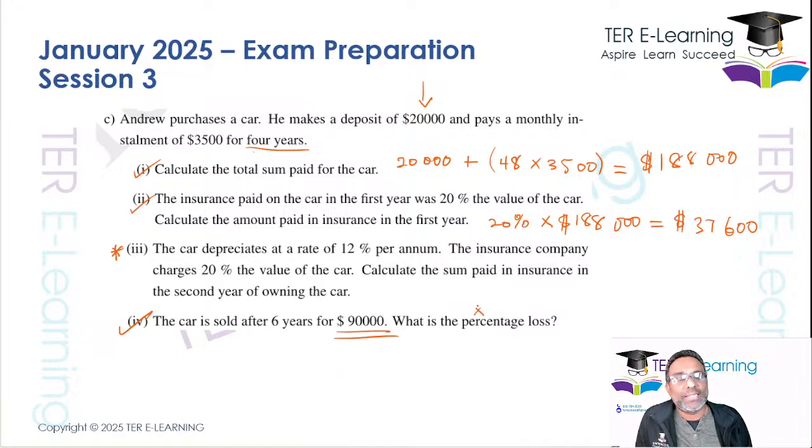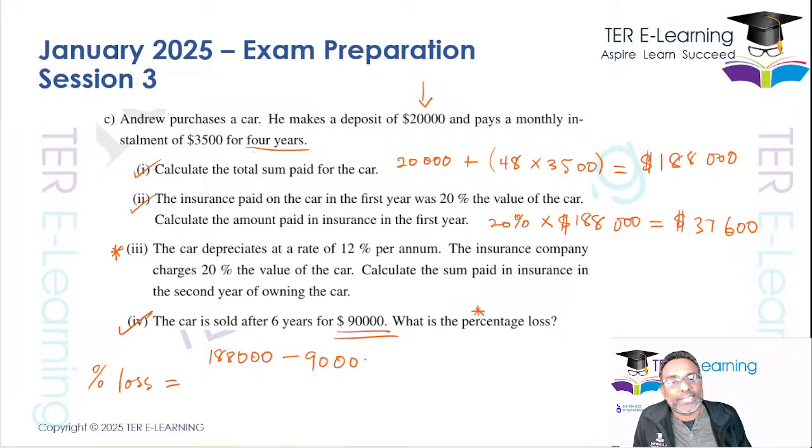You guys need to be able to calculate percentage loss. Percentage loss is simply going to be whatever the loss is. In this case, you purchased a car for $188,000 and now you're selling it for $90,000. So the actual loss is found by subtracting these two numbers.